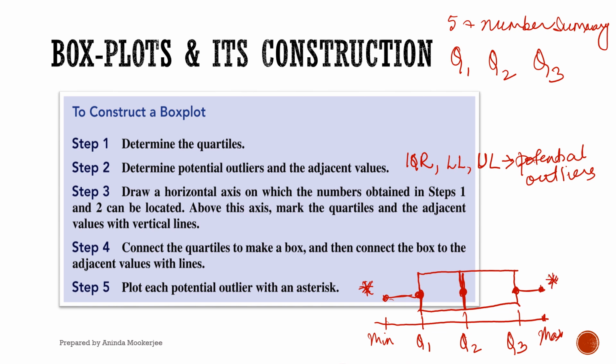Now, sometimes they ask us to, or you will see that in some cases, instead of connecting with the minimum and the maximum value, they connect with the lower limit and the upper limit, especially if there are any asterisks involved. So if you connect the whiskers with the lower limit and upper limit, that's fine as well.